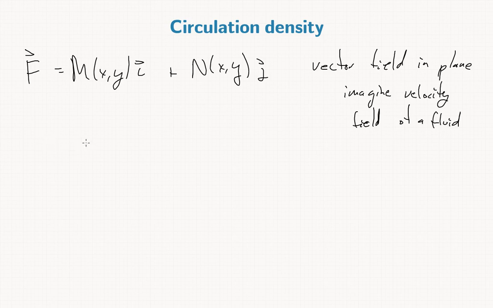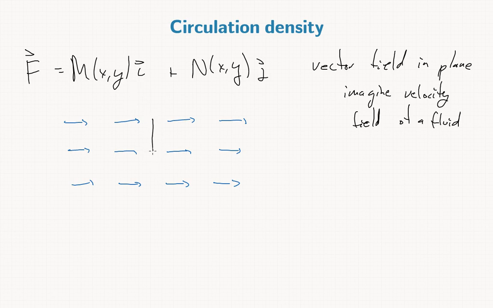So circulation density will measure, let's say F is like a stream flowing horizontally. It doesn't seem like there's any rotation going on just from this picture.